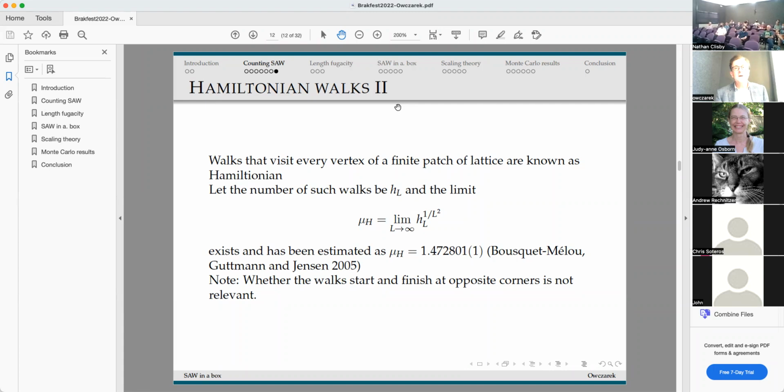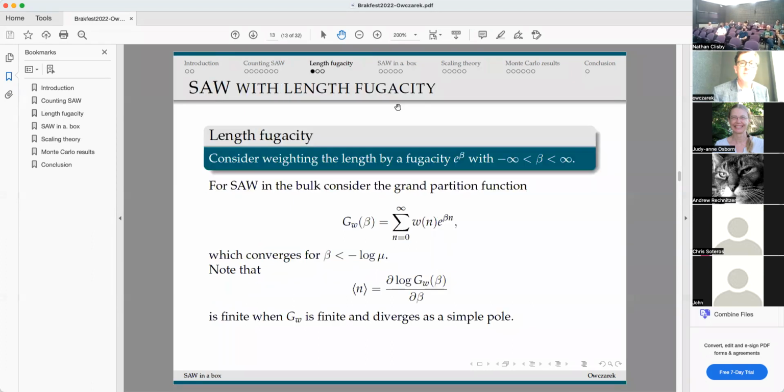That growth constant is about 1.47, so smaller than the first two, smaller than lambda S and smaller than mu.